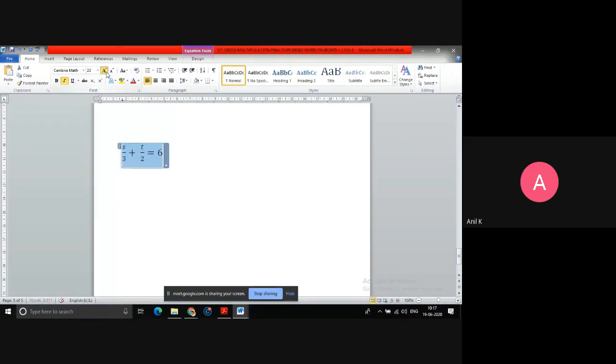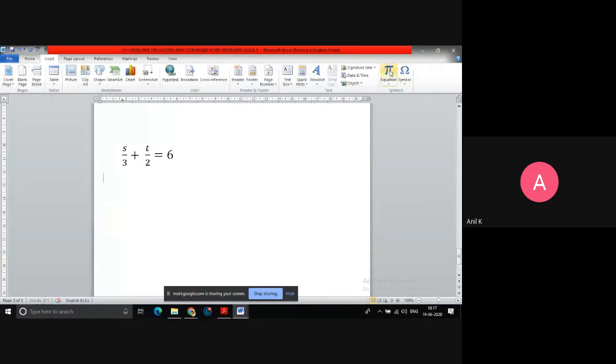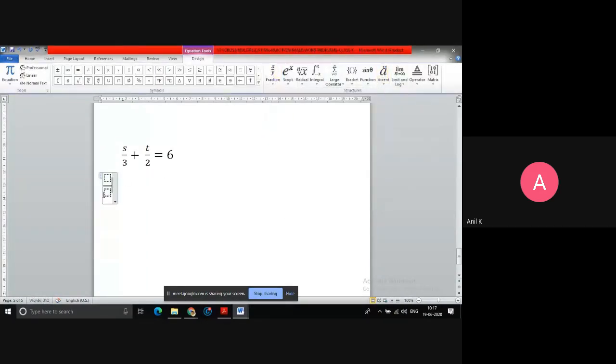Let me increase the font size. Before you solve this equation, you have to take the LCM. Here the LCM is going to be 6 because 3 into 2 is 6. What do you get in the numerator? This 2 will multiply with s, so it is 2s plus, and this 3 multiplies with t, so it is 3t, which equals 6.